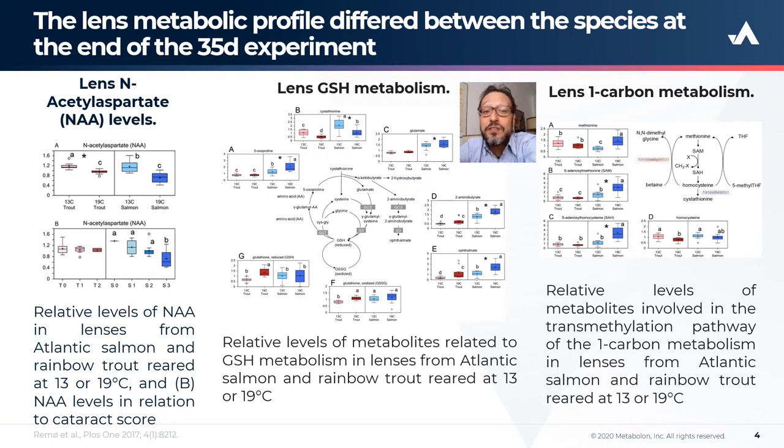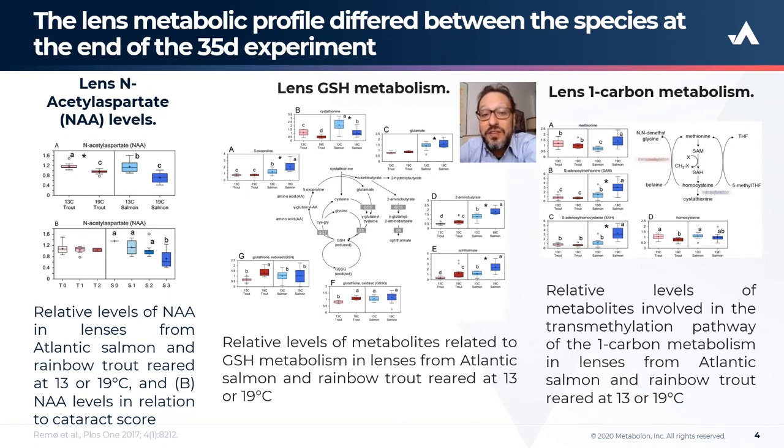Ophthalmate has been suggested to be a biomarker for hepatic glutathione depletion in humans, and thus a marker for oxidative stress. Ophthalmate may be a useful marker to assess oxidative stress in lenses. Now, if you look at the right, you will see the lens one-carbon metabolism.